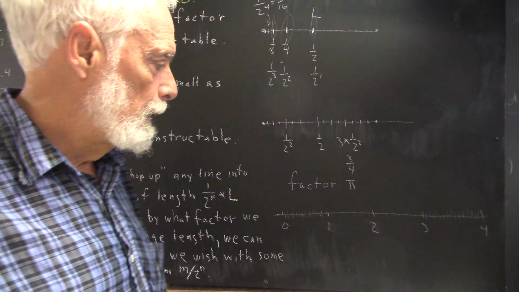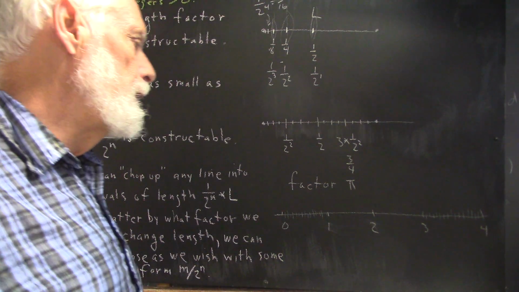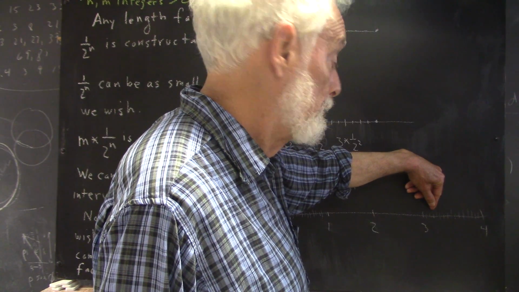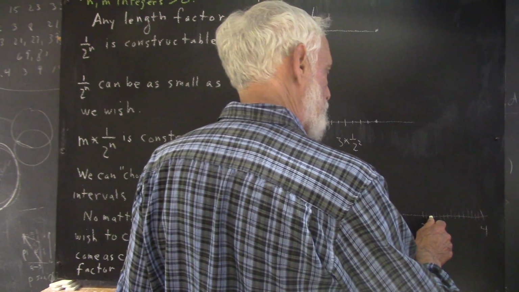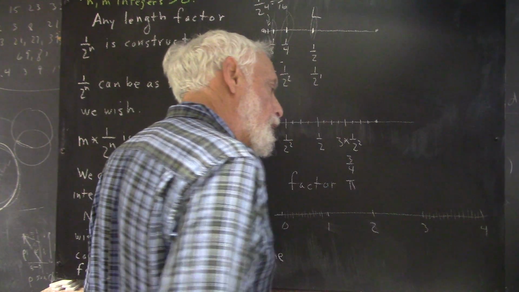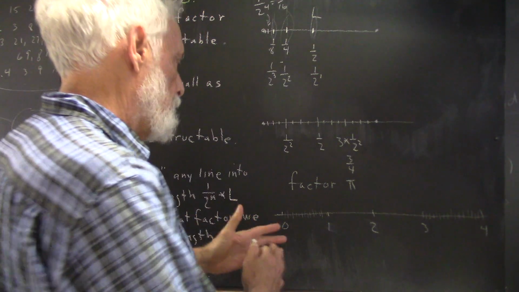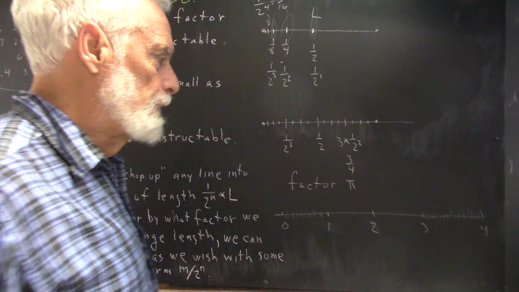Okay, there we've divided it into 16ths, and pi is between 3 and 2/16 and 3 and 3/16. So we can construct anything in this interval will be within 1/16 of pi. So we can construct a segment of length pi, give or take 1/16.